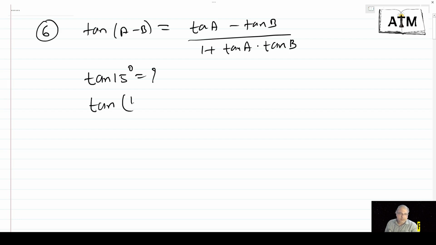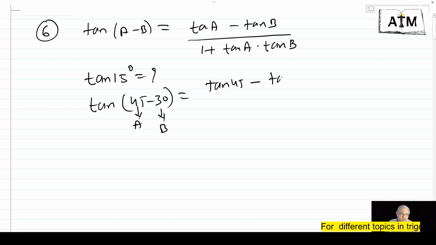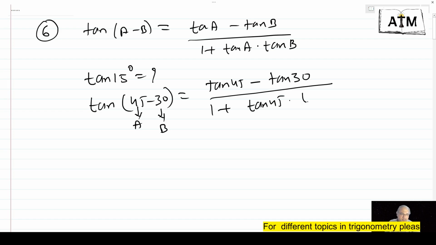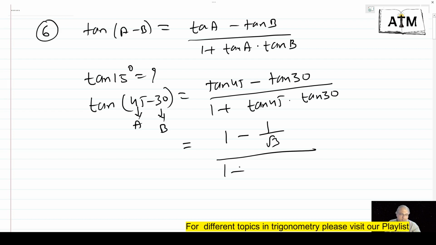Then 15 can be written as 45 minus 30, where 45 equals A and 30 equals B. We can put this into the formula, tan A minus tan B upon 1 plus tan A tan B. Now writing their respective values, tan 45 is 1, tan 30 is 1 upon root 3, upon 1 plus 1 into 1 upon root 3.